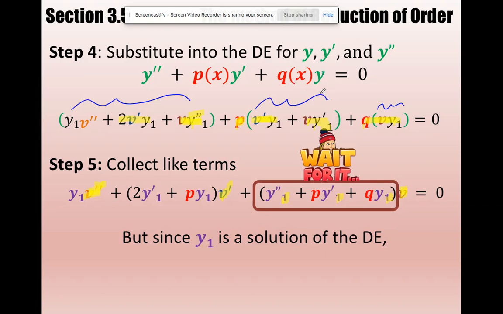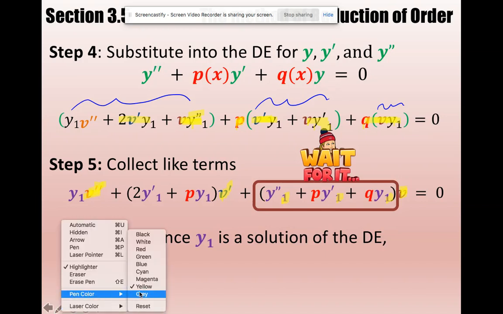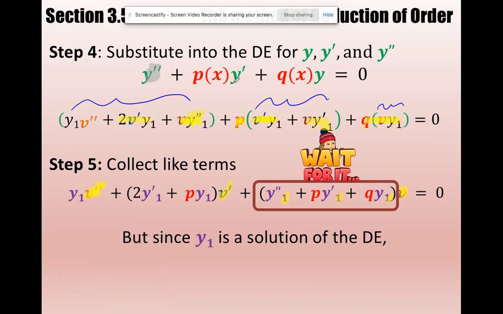What is true? If I know that y sub 1 is the solution, when you plug in, what are you going to get? Plug in, you've done this, what do you get? 0. That whole term that's in front of v goes away.